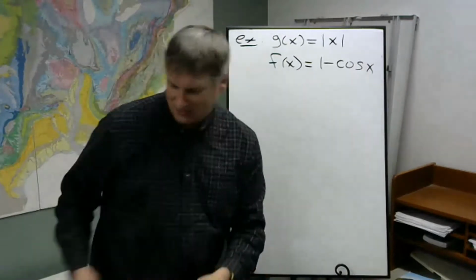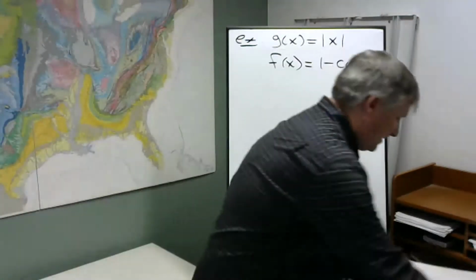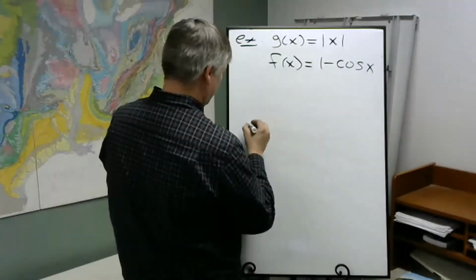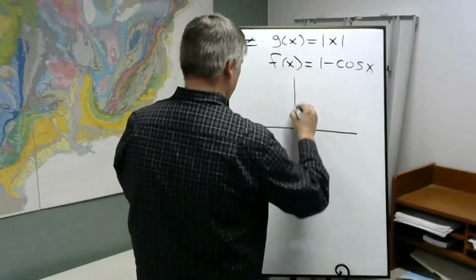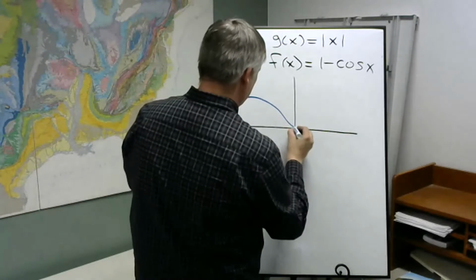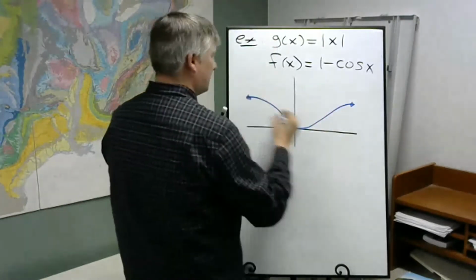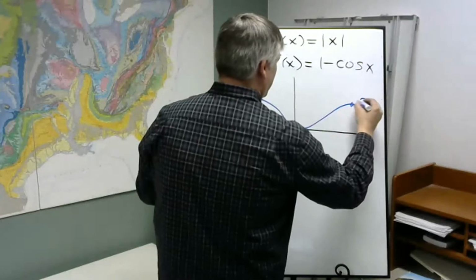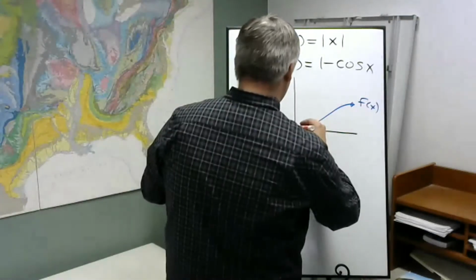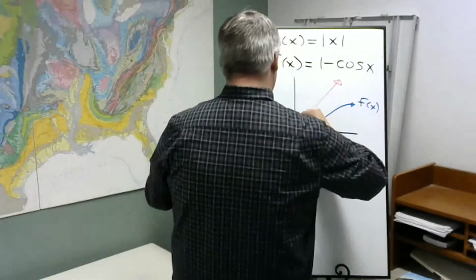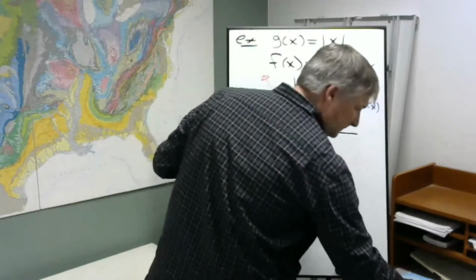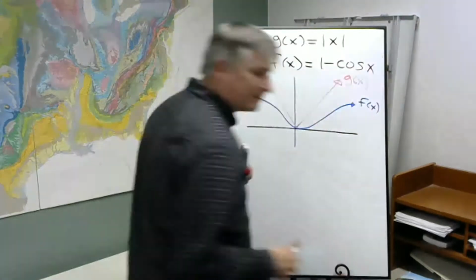Let me double check that one. Yeah, 1 minus cosine. All right. So if we graph this, here's our f of x. I'm using the same example as in the text. It's a note at the bottom of page 65.